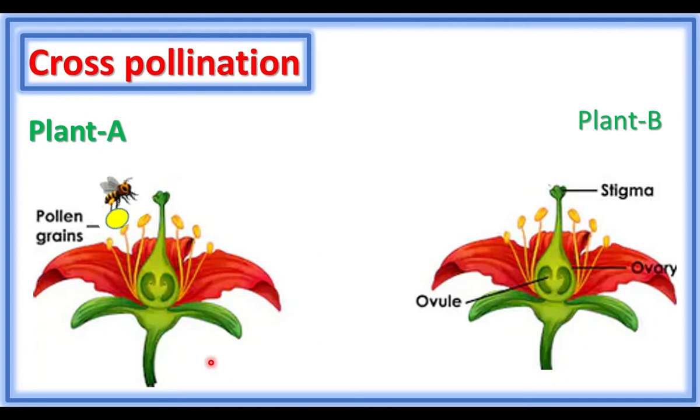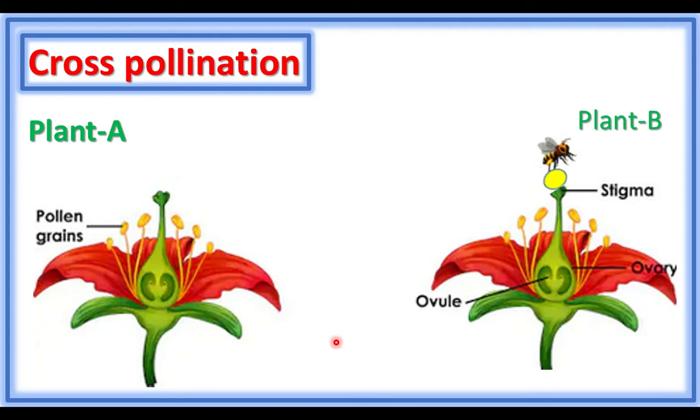Transfer of pollen grain from anther to stigma of another flower of another plant is called cross-pollination. Cross-pollination needs agents.